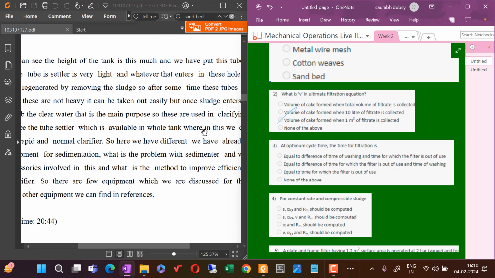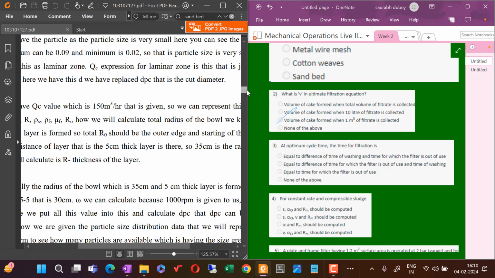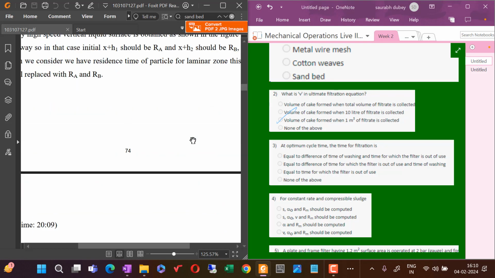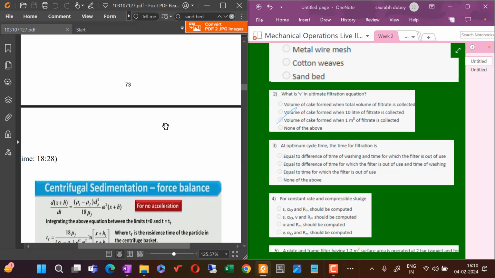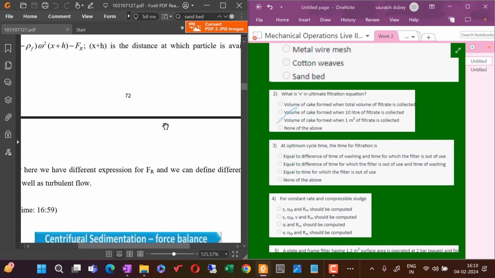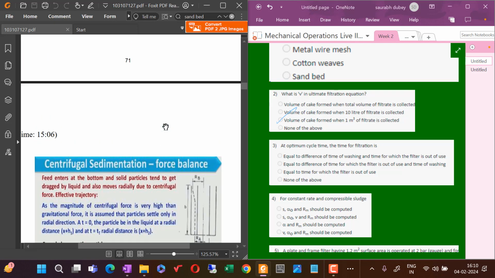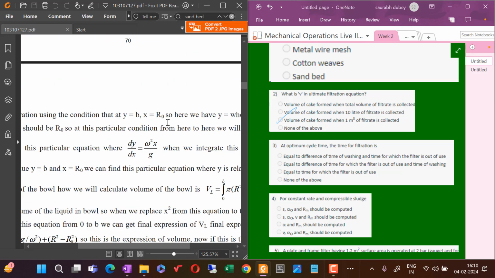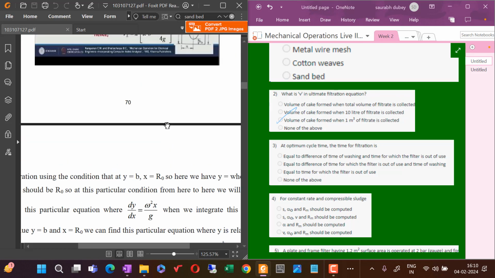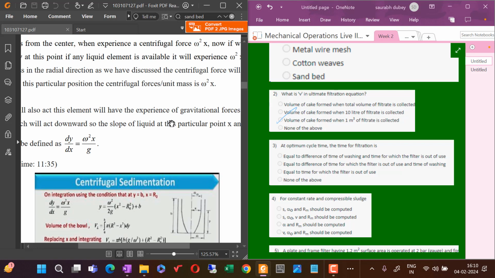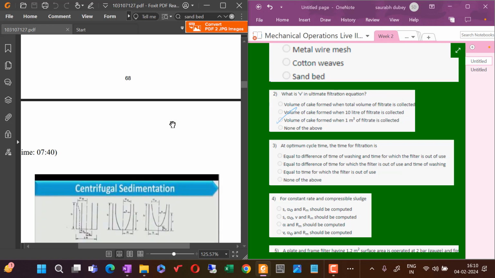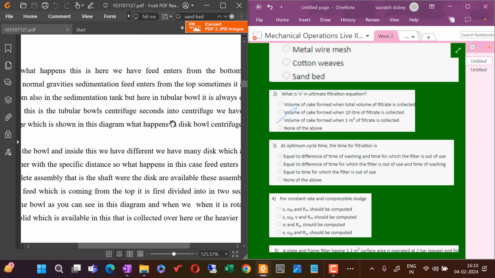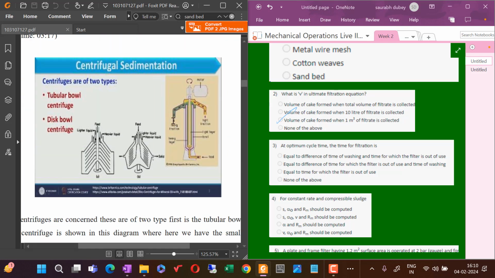this theta value, the optimum time for the filtration, is actually dependent on many things. There is assembly, there is passing time, and some extra times in loading, cleaning, and all.